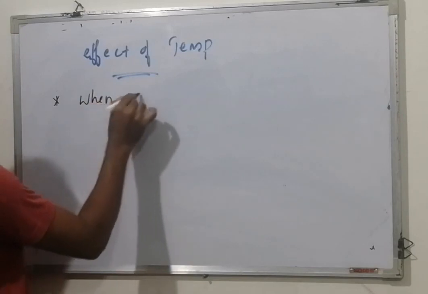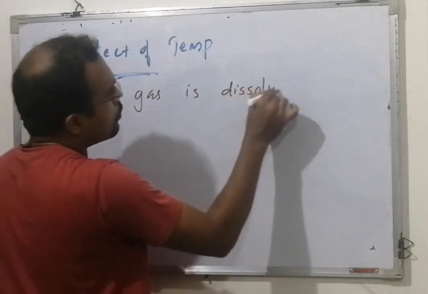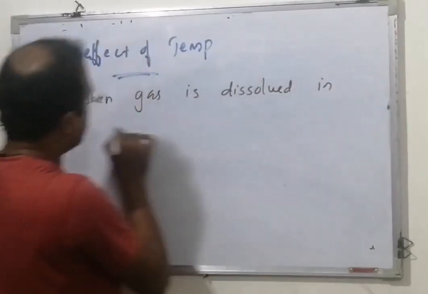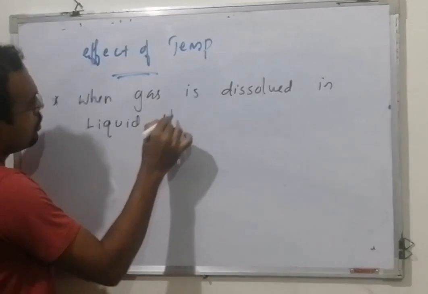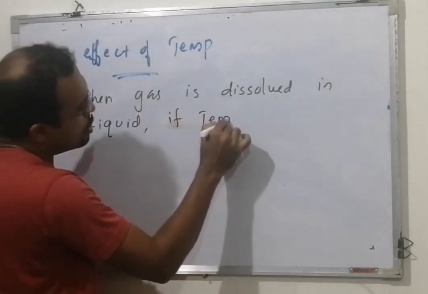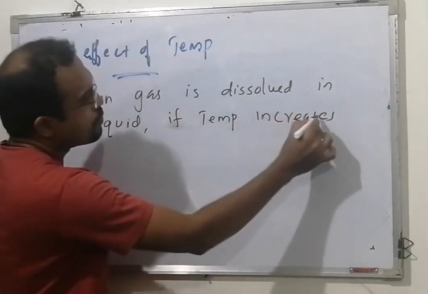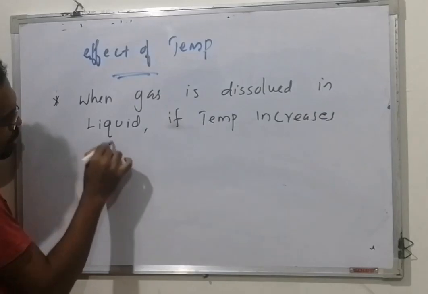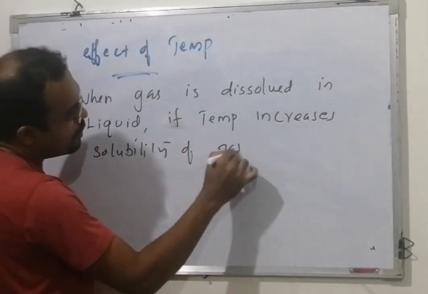When gas is dissolved in liquid, if temperature increases, solubility of gas decreases.